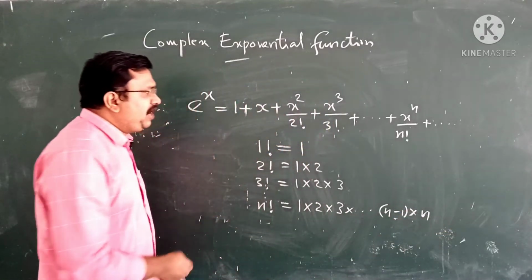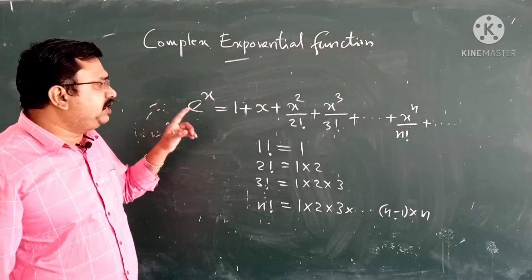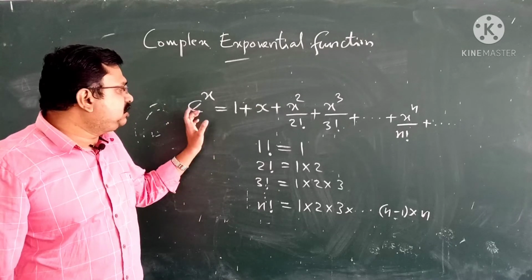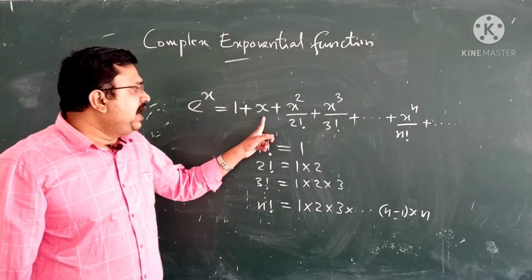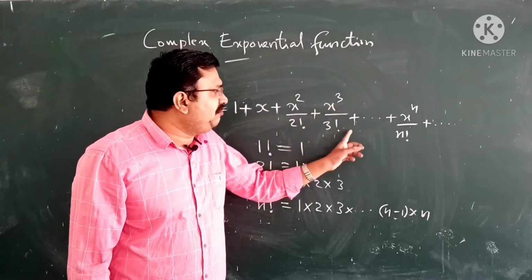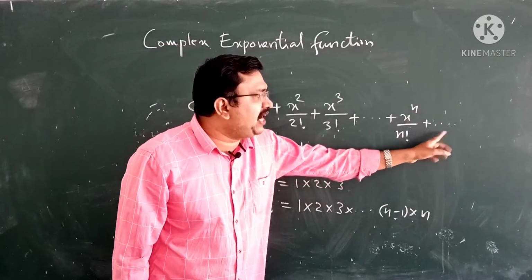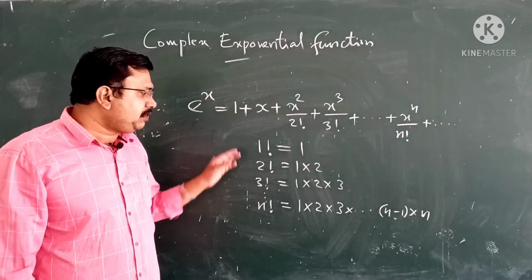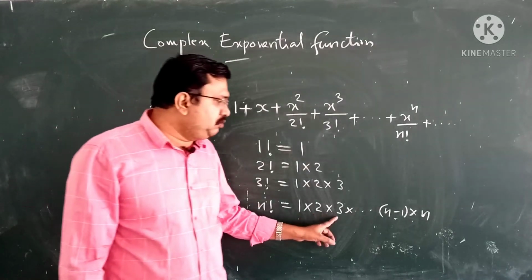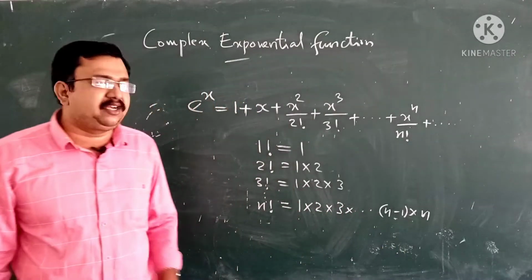Remember that this is very important: e raised to x equal to 1 plus x plus x square by 2 factorial plus x cube by 3 factorial plus etc. plus x raised to n by n factorial plus etc. Remember that n factorial means 1 into 2 into 3 into etc., n minus 1 into n.